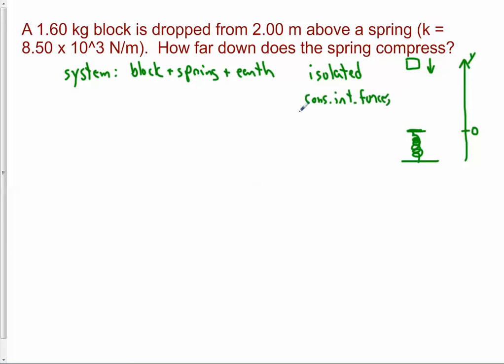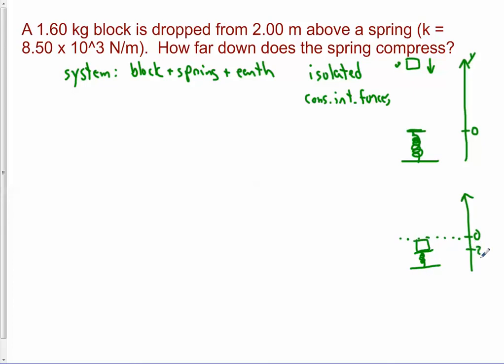And so therefore, we get to say that mechanical energy is conserved, so that the total mechanical energy at this point is going to equal the total mechanical energy in the after position, which will look like this: here's my y-axis, 0 is here, and the block has pushed the spring down a bit.